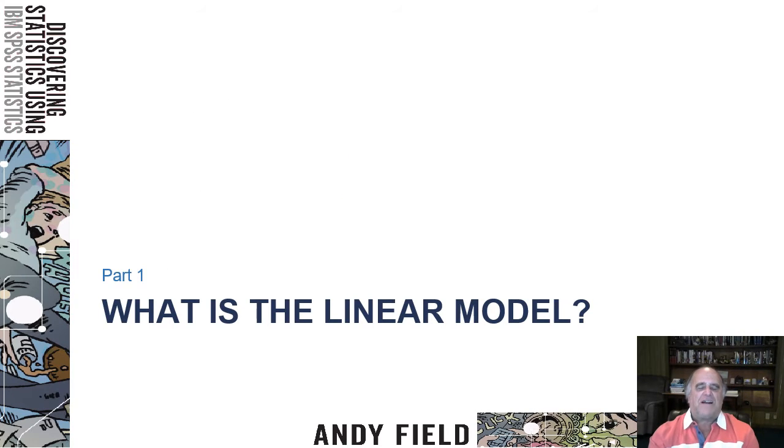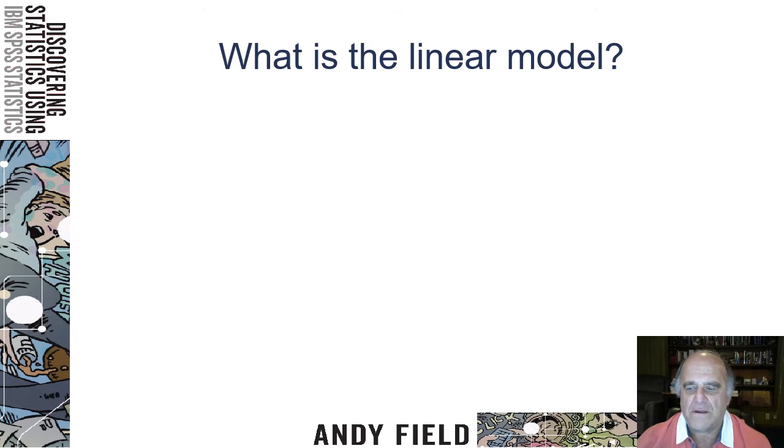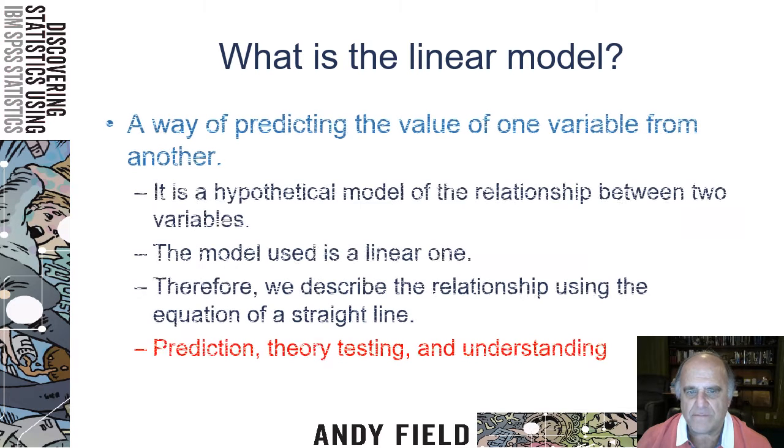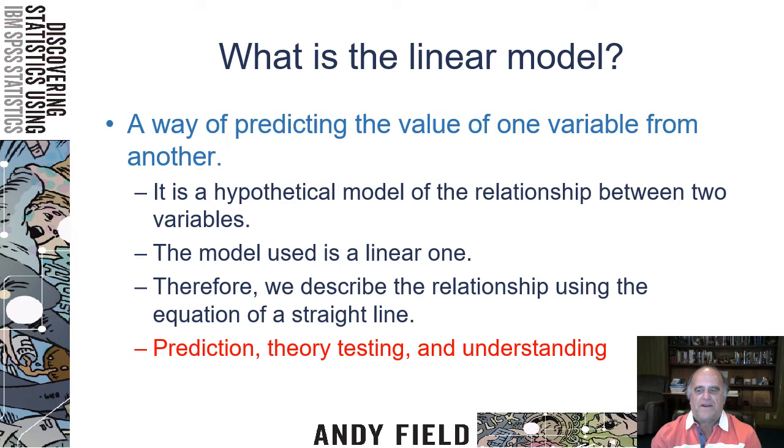Okay, we're going to start probably a little repetitive, going over what we've already talked about. But again, of course, multiple regression is based on the linear model. And we can ask, what is the linear model? As we said last time, the linear model is just a way of predicting the value of one variable from another.